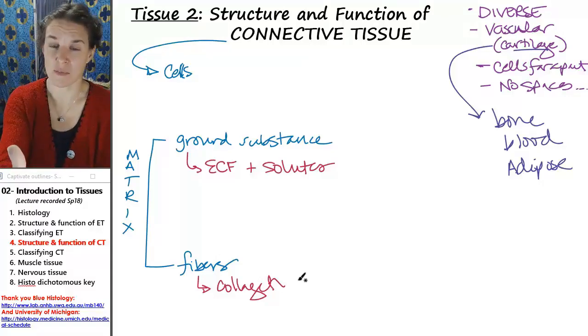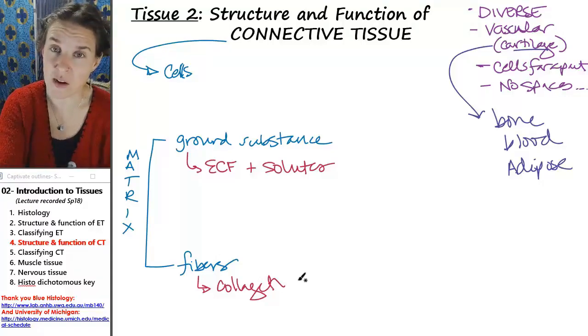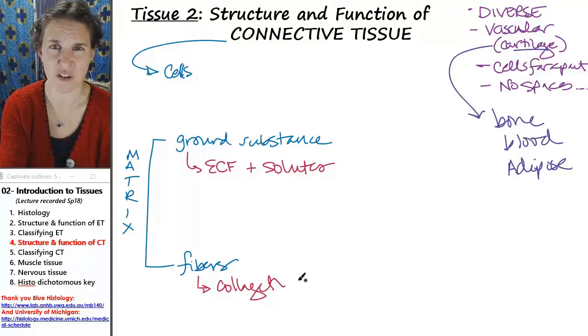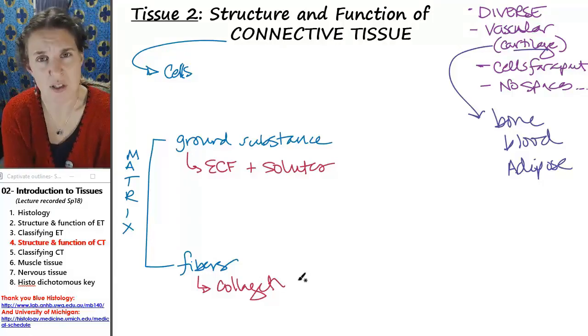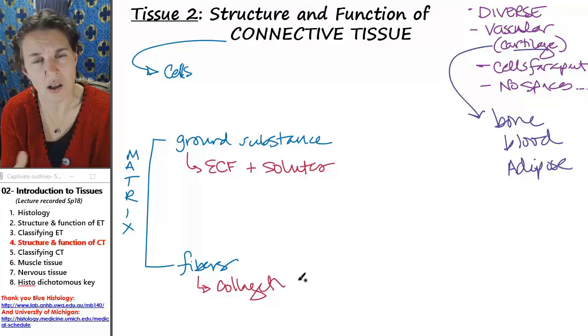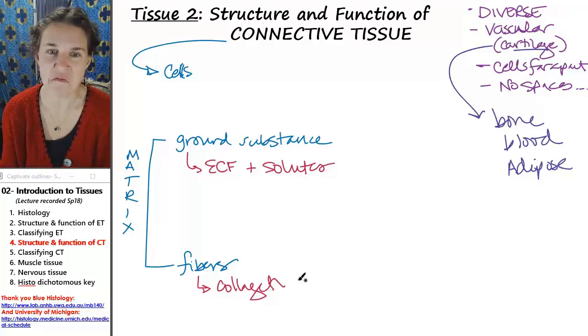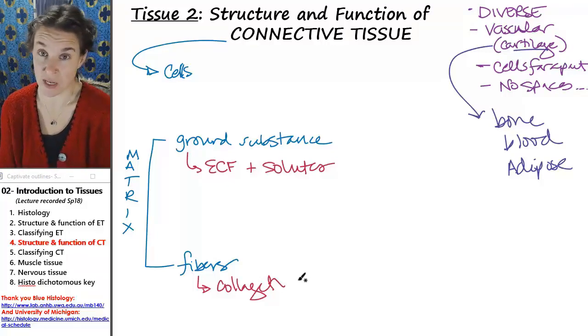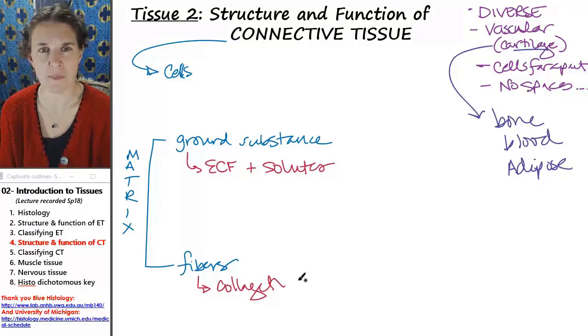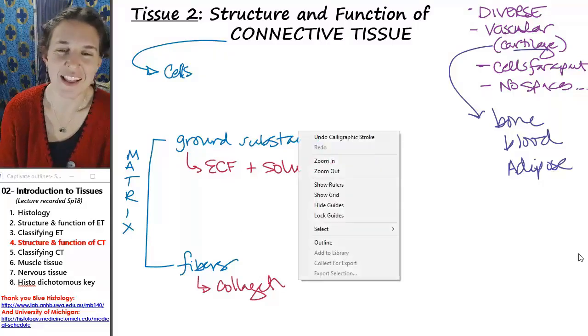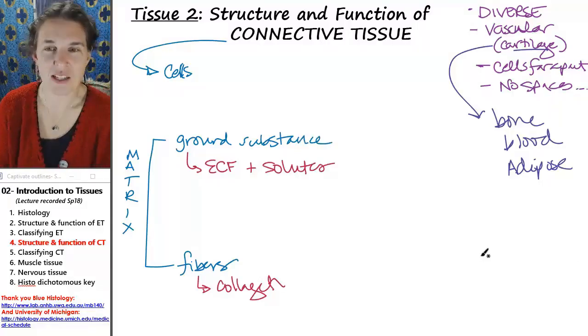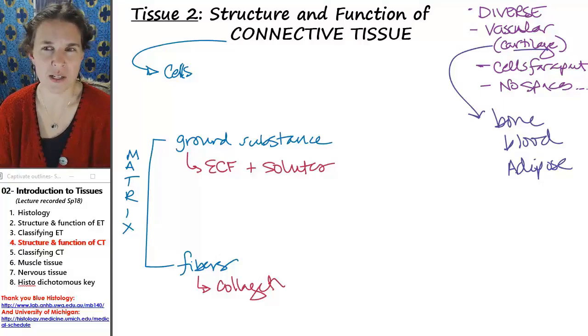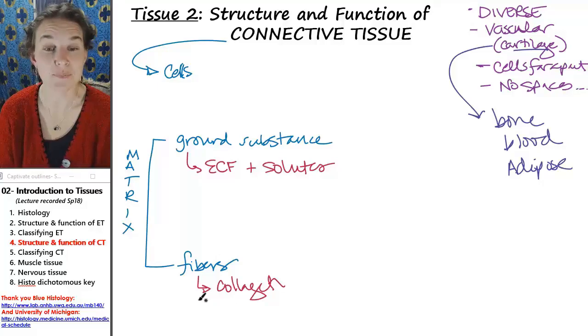The solutes in the ground substance are calcified, and the fibers are strong collagen fibers. Blood fibers are rare. There are not very many fibers, and the ground substance is plentiful. So the characteristics of our matrix will determine what we're going to see for our connective tissues.